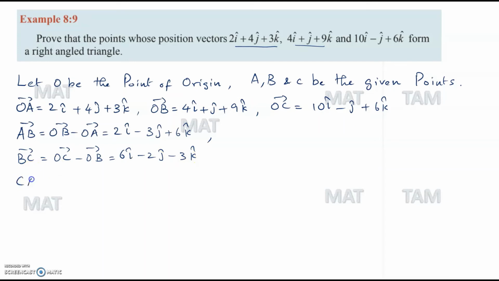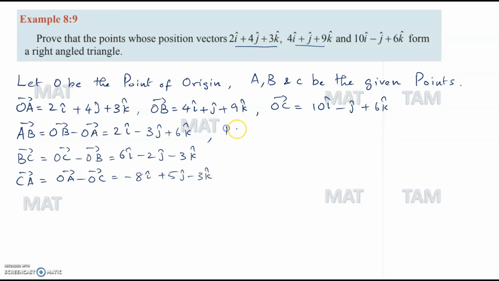Similarly, our CA vector will be OA vector minus OC vector, and that is equal to minus 8i cap plus 5j cap minus 3k cap.